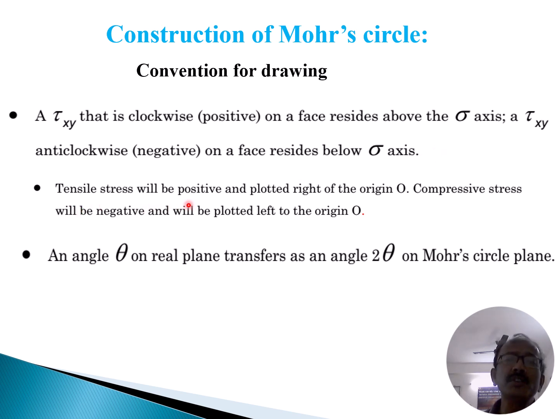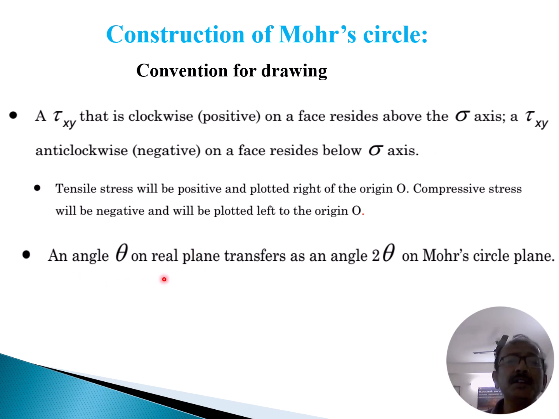Tensile stresses will be positive and plotted to the right of the origin. Compressive stresses will be negative and plotted to the left of the origin. So when we plot sigma and tau on the sigma and tau axes, I will discuss it clearly once again.